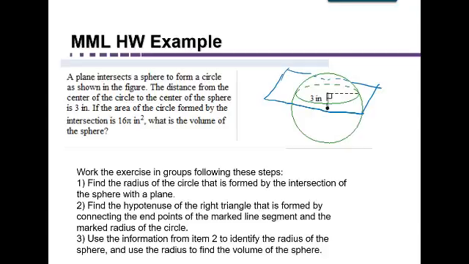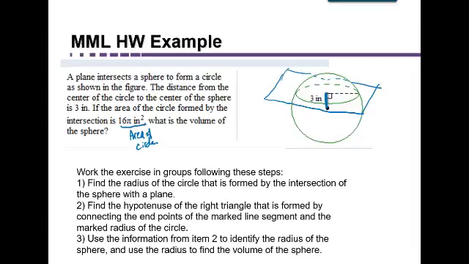And that's what they've labeled here, this distance here, 3 inches. If the area of the circle formed by the intersection is 16 pi inches squared, so this is the area of the circle, what's the volume of the sphere?